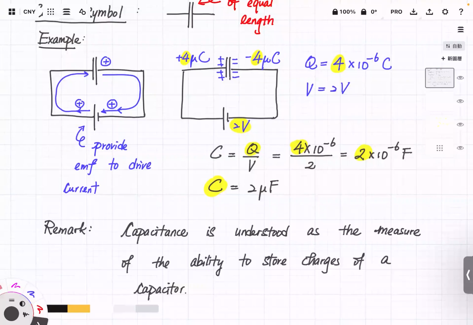However, this example also wants to draw your attention to the fact that there are actually no positive charges jumping from one plane of the capacitor to another plane. Because you see, all you have is the positive charge starting from one plane here and then going around and then going to the other plane.